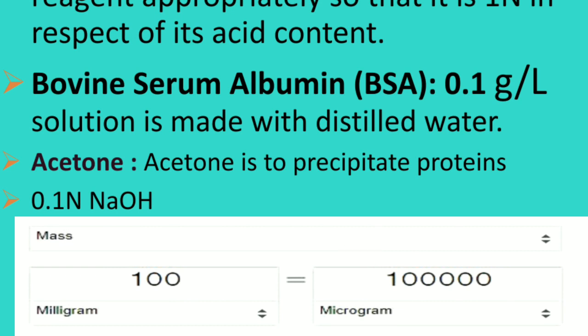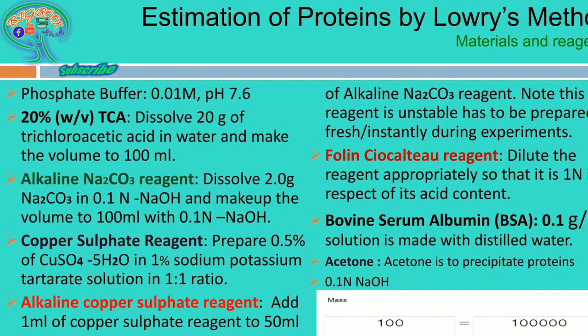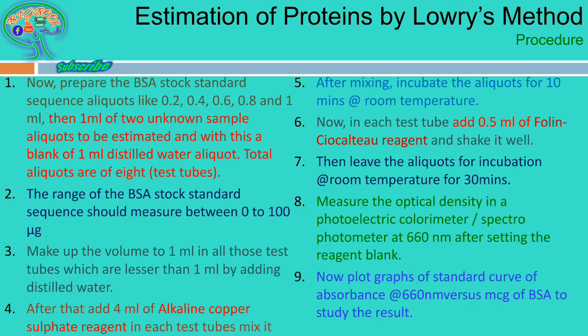For 1000 ml, 1 lakh micrograms gives 100 micrograms per ml. So 1 ml is equal to 100 micrograms. This is explained now because further within the procedure there will be a doubt, and to clarify that, it has been spoken out now.